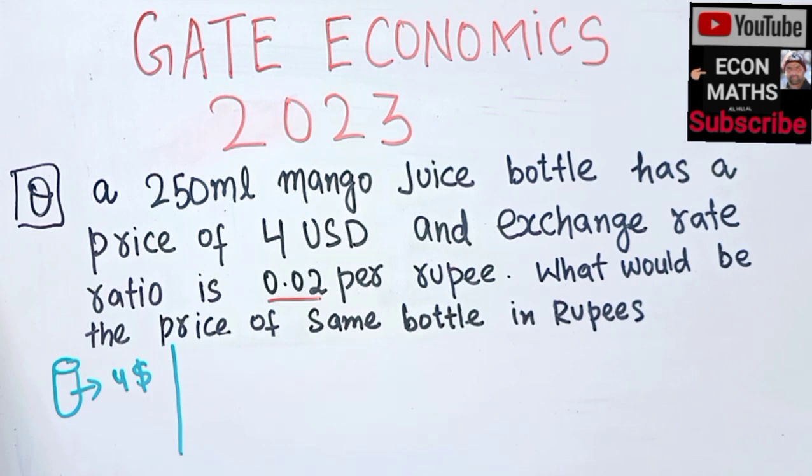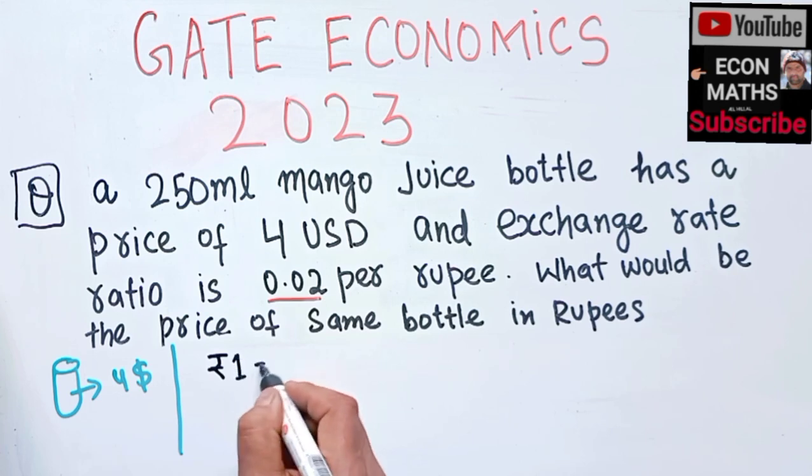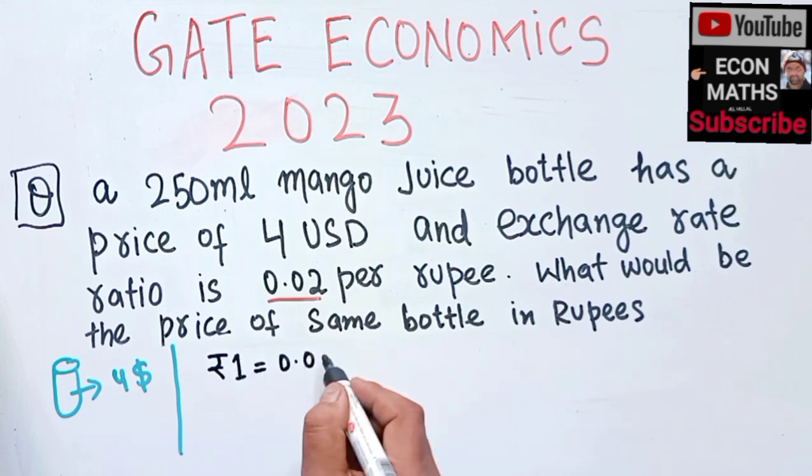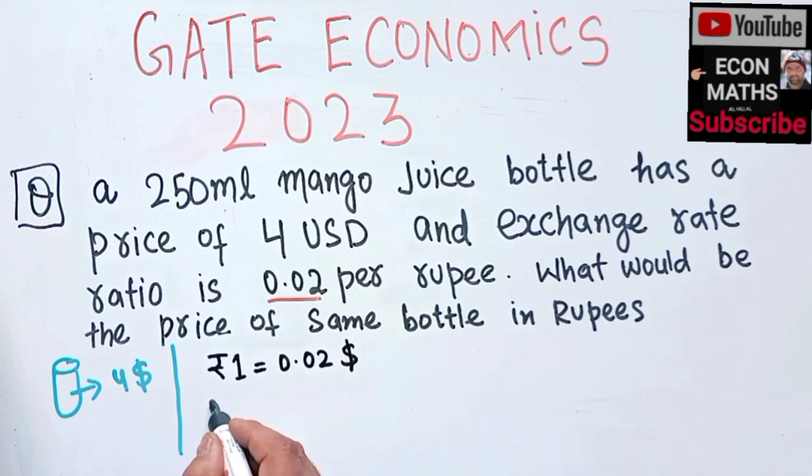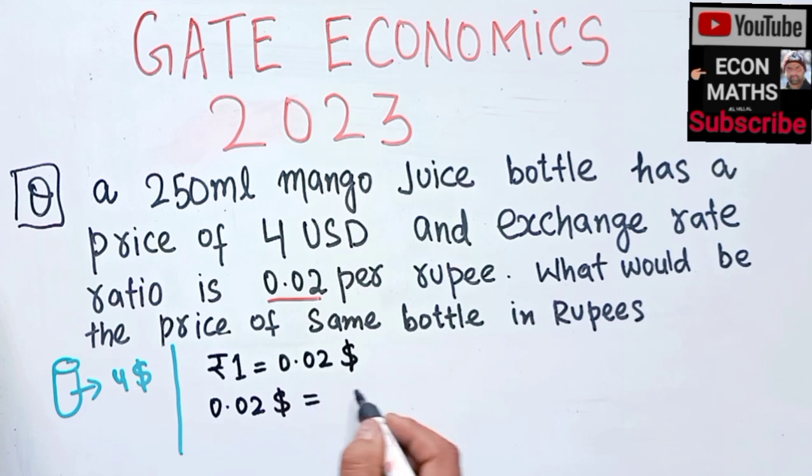And what is the exchange rate? Exchange rate means 1 rupee is equal to 0.02 dollar. So I can write it in this fashion, 0.02 dollar is equal to 1 rupee.